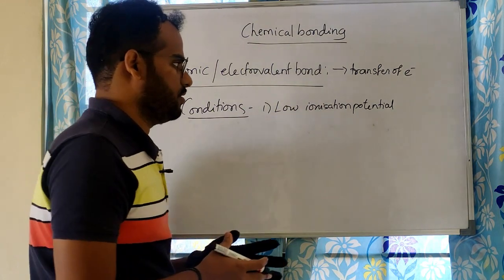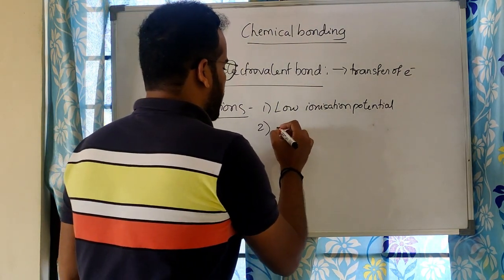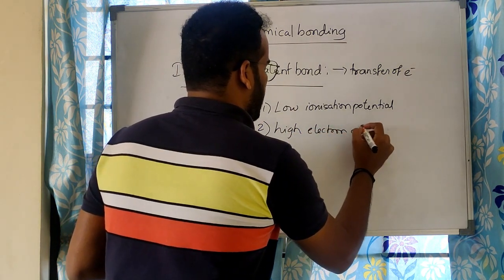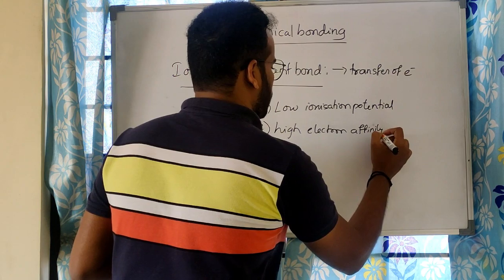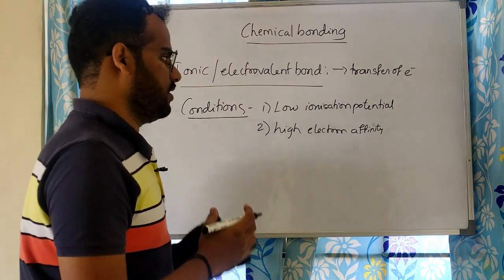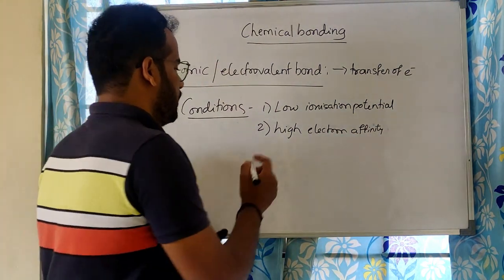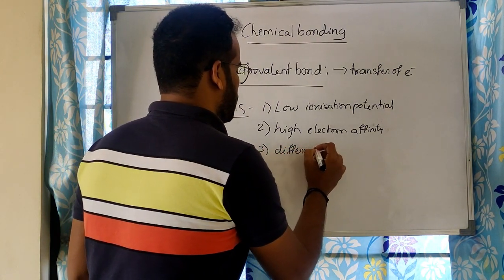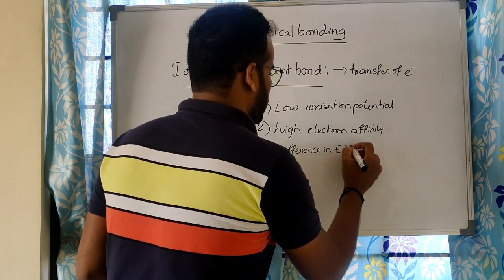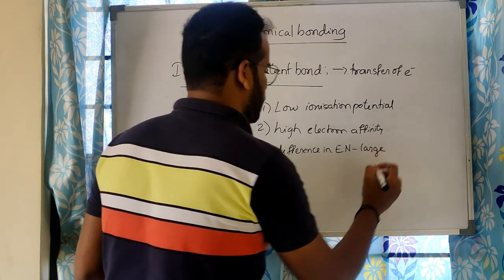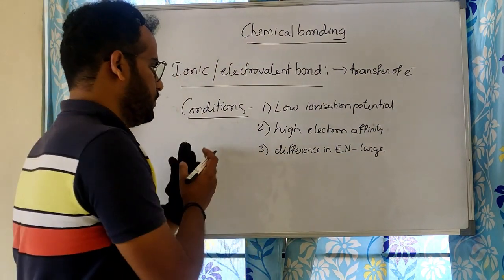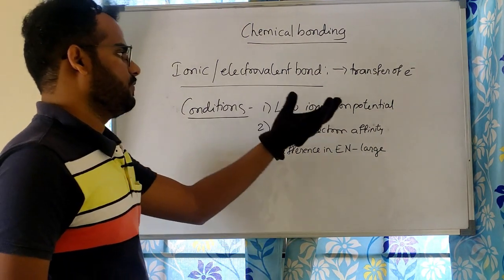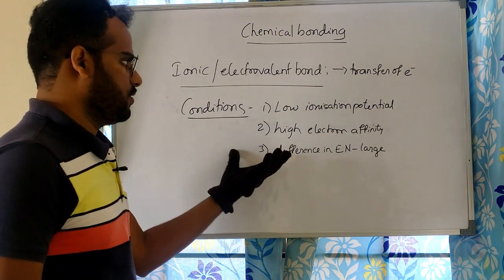Non-metals should have high electron affinity. High electron affinity means a large amount of energy is released when they accept an electron. It means they readily accept electrons. And one more thing, the difference in electronegativity should be large. If you take sodium and chlorine, the electronegativity difference is large, so it will favor the formation of an electrovalent bond. So these are the conditions.